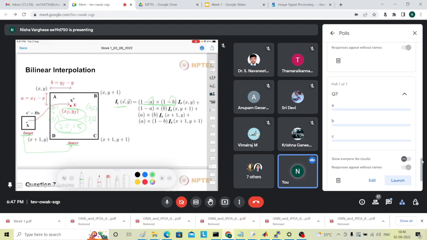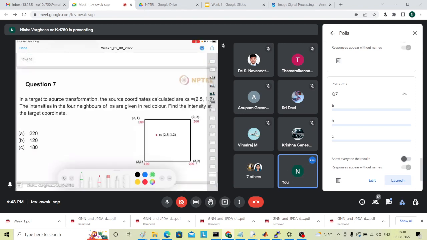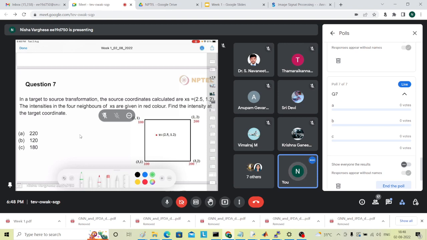So one question is there. In a target to source transformation, the source coordinates calculated are 2.5, 1.2. This is the position you got from calculation.